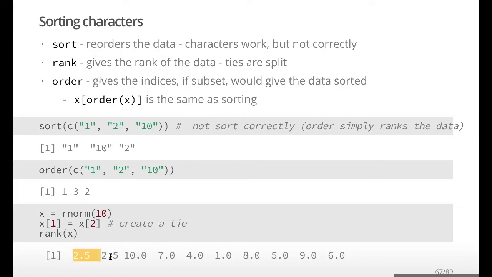These 2 are tied for second, so they actually don't get a round number. They're tied for second and third, so that's why they get the value 2.5. If 4 of them were tied, it would split the ranks evenly from second to 6th, I believe. And then this is the 4th element, 5th element, 7th rank, 8th rank, 9th rank, and so forth.